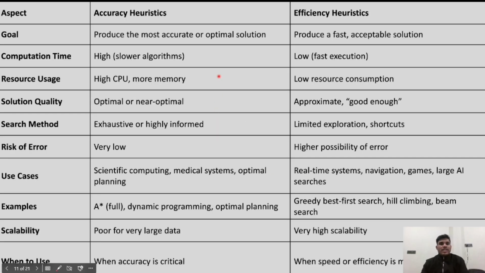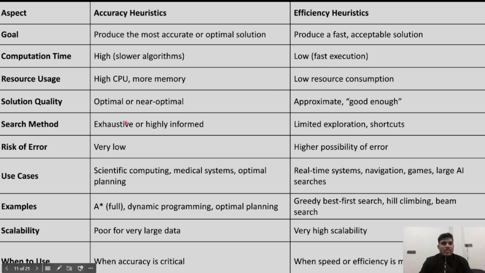Now here we have the difference between accuracy heuristics and efficiency heuristics. Goal: the accuracy heuristic produces the most accurate or optimal solution, and the efficiency heuristic produces a fast and acceptable solution. Computation time for accuracy is high, slower algorithms; for efficiency it is low, with fast execution.